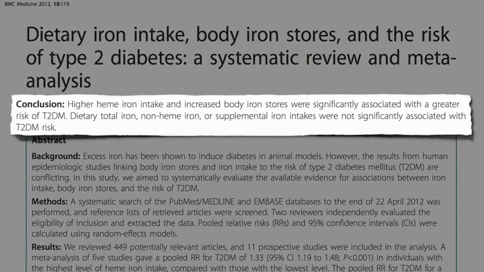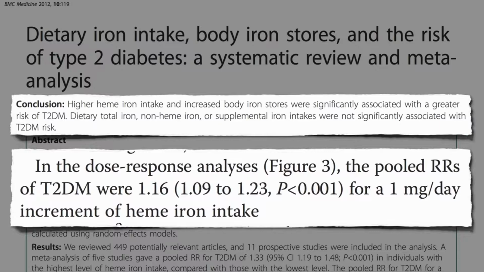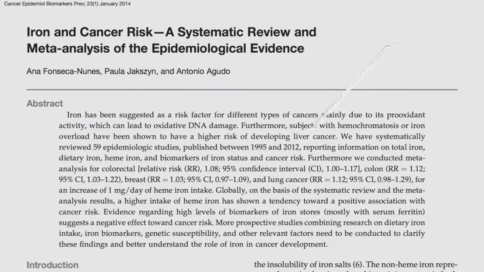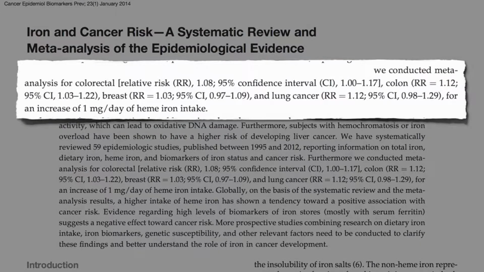Higher animal iron intake was significantly associated with greater risk of type 2 diabetes, but not total or plant iron. A 16% increase in risk for every daily milligram of heme iron consumed, and the same for cancer, with up to 12% increased risk for every milligram of daily heme iron exposure.